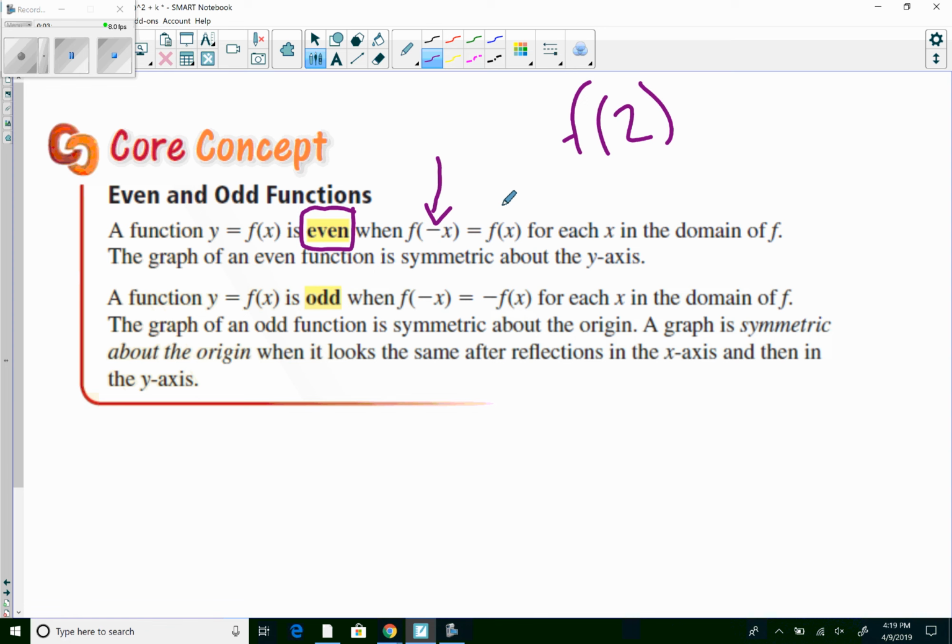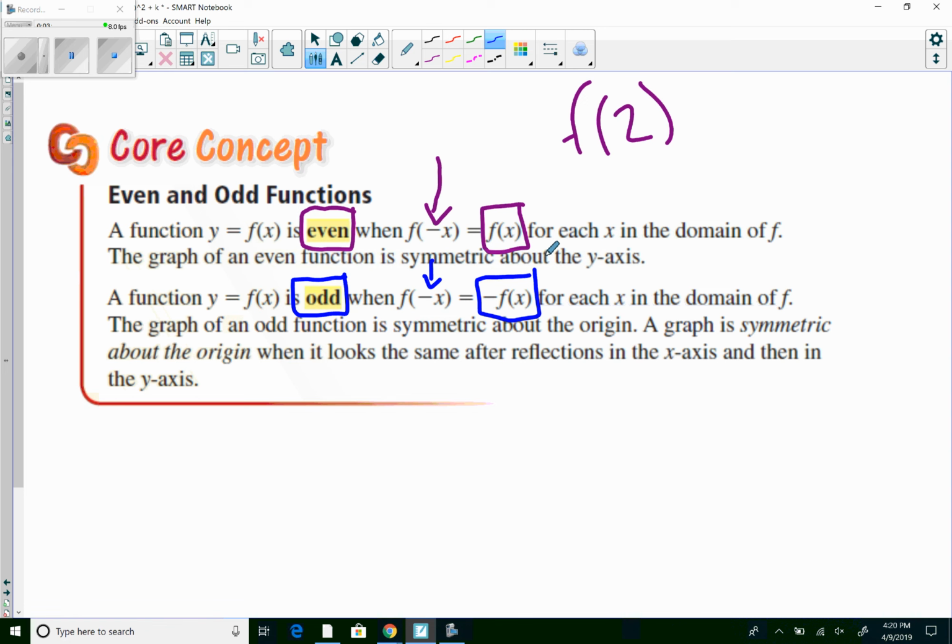And then if our function remains unchanged, that's how we know that it's an even function. And on the flip side, if we plug a negative x in for all of our terms, and our entire function, it has to be the whole function, turns negative, then it's going to be odd.